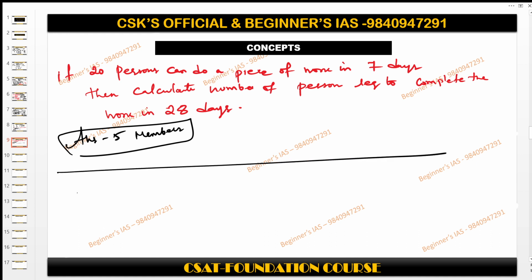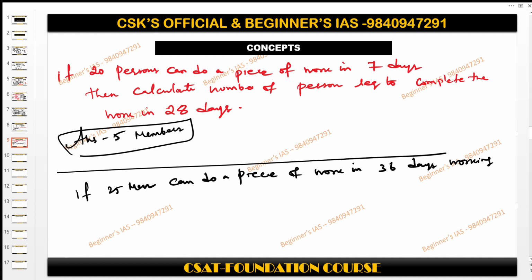Listen carefully. If 25 men can do a piece of work in 36 days, working 10 hours a day, then how many men, or else how many more men?